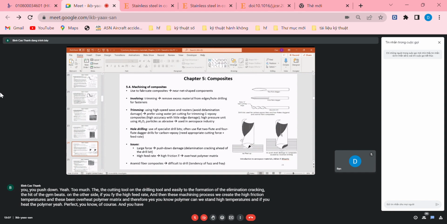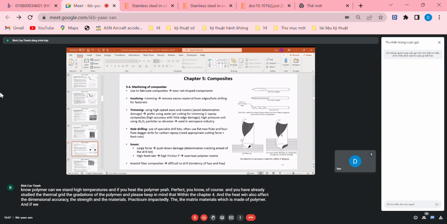You have already studied the thermal degradation of the polymer, so please keep in mind that within Chapter 4. The heat will also affect the dimensional accuracy and the strength of the materials, in particular the matrix material, which is made of polymer.